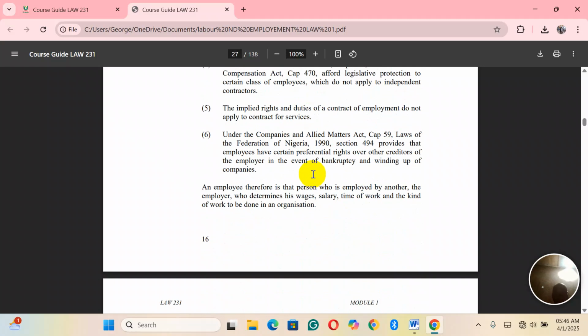And so we have been able to see that an employee is that person who is employed by another, the employer, who determines his wages, salary, times of work and kind of work to be done in an organization.